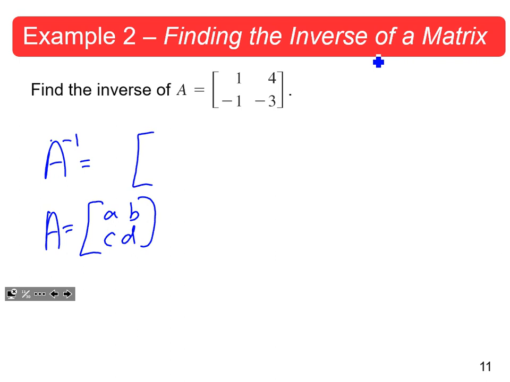We flip A and D and make B and C negative. Actually, since you have your book open, I'm just trying to remember the actual formula, because I'm wanting to say there's a determinant involved, but I don't think there is.